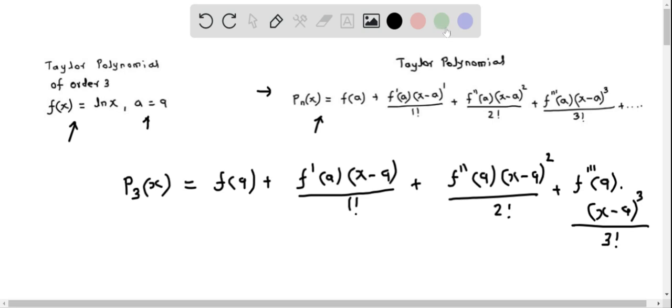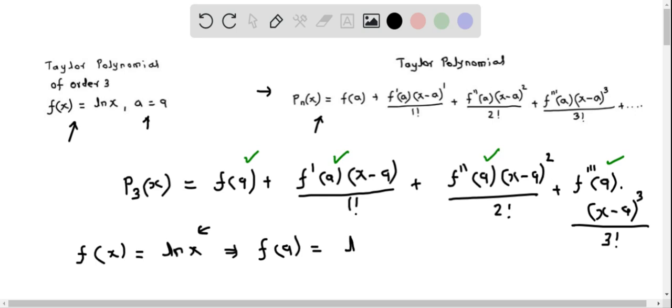So basically we have to determine these values, that is f of 9, f prime of 9, f double prime of 9 and f triple prime of 9, and then we will substitute into this equation. So let's have the f of x. We have f of x equals natural logarithm of x. So this implies f of 9: we replace x by 9 into this natural logarithm of x, so this becomes natural logarithm of 9.